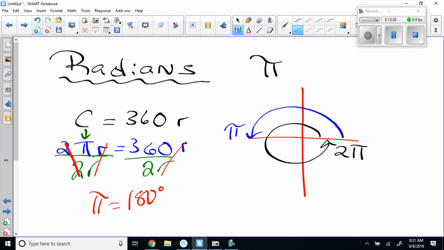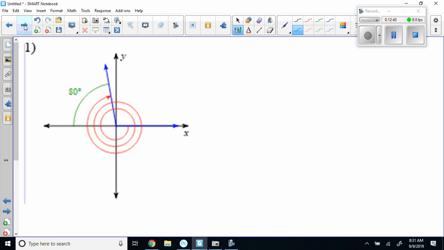So, for grins and giggles, let's look at a reference.